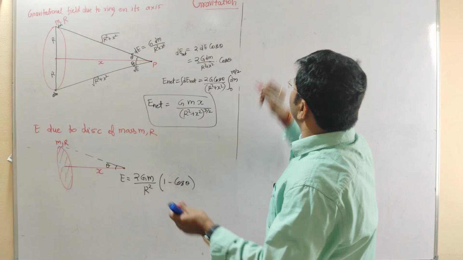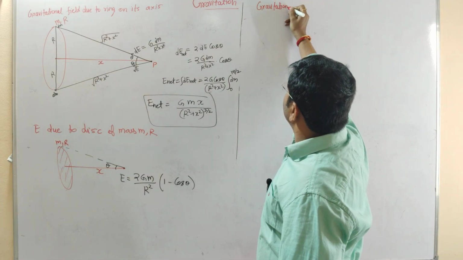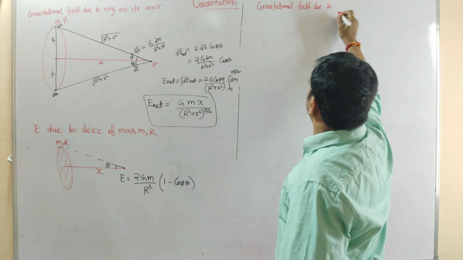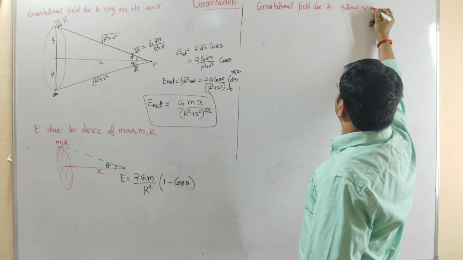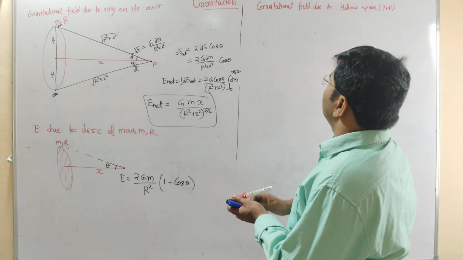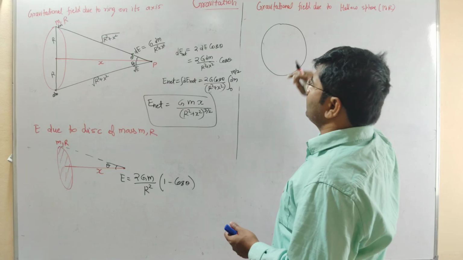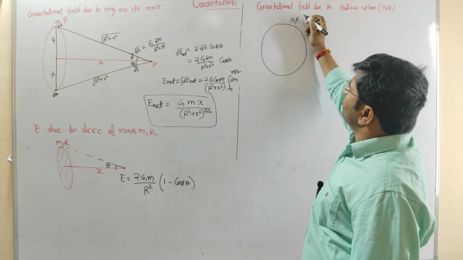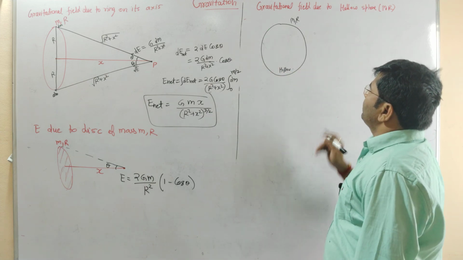Next, gravitational field due to a hollow sphere of mass M, radius R. I will take 3 cases here: 1 inside, 1 at the surface, and the third one outside. So this is M and R, and this is hollow. So for a hollow sphere there will be 3 points.